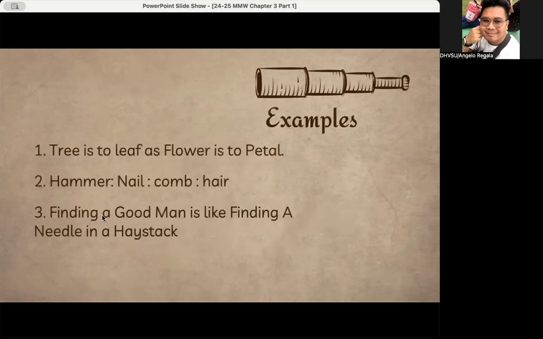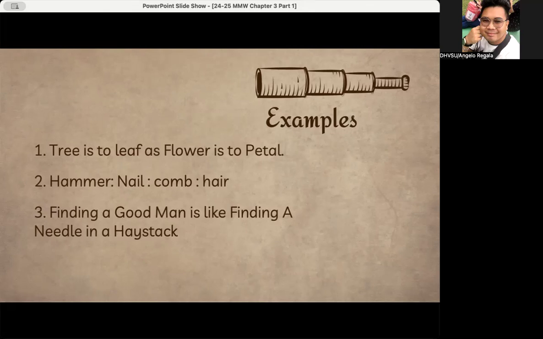Trees is to leaf as flowers is to petal. Okay, so yung mga puno is meron silang mga dahon. So kung ganun yung analogy mo, it means na yung mga flowers meron silang petals. Okay, so hammer to nail, comb to hair. Finding a good man is like finding a needle in a haystack. So may pinag-compare ka. Okay?